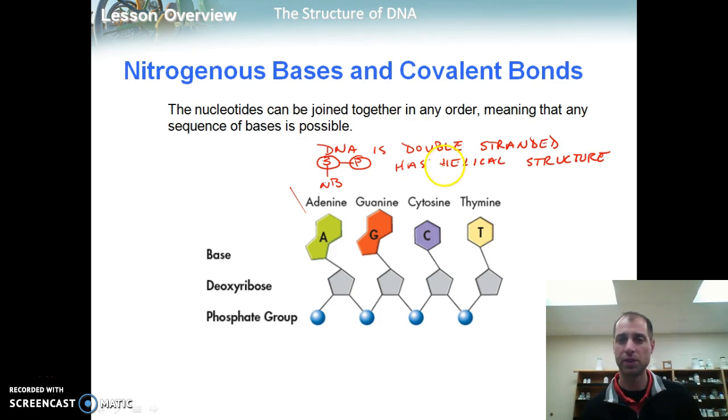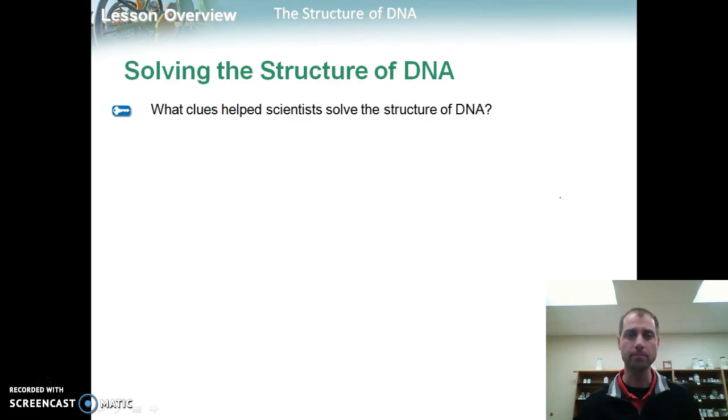We should have looked up the word helix previous to doing this lesson. All a helix means is that we're going to twist around a single axis. And so we've got this double-stranded molecule that's going to twist around the same axis and kind of create this twisted ladder.